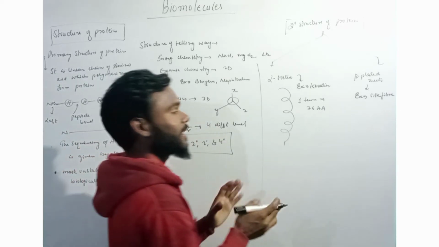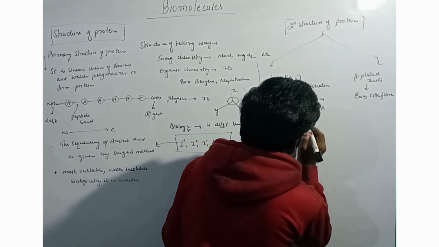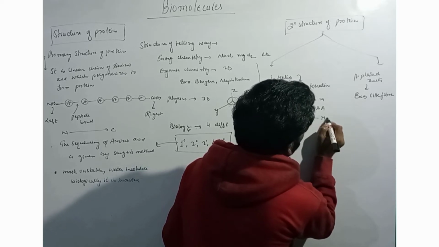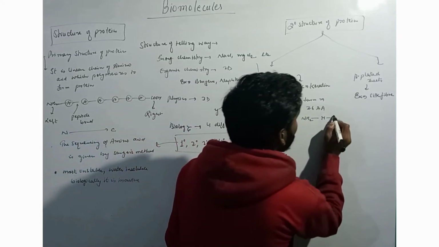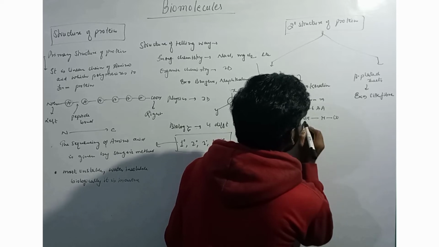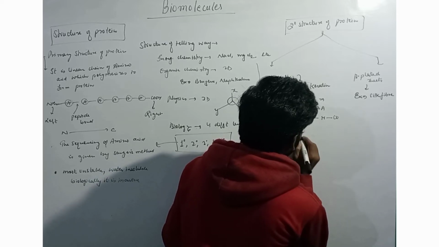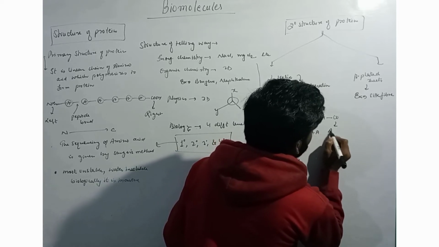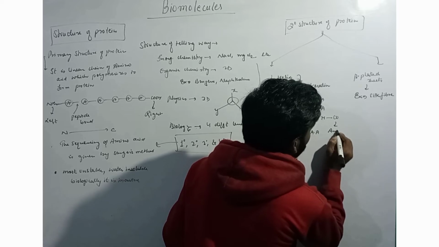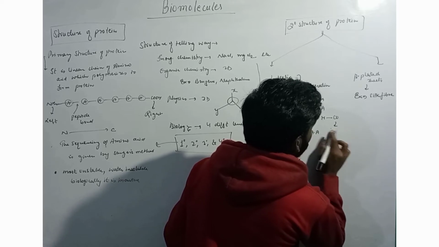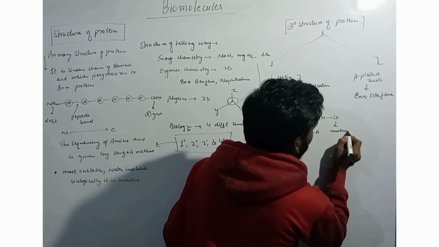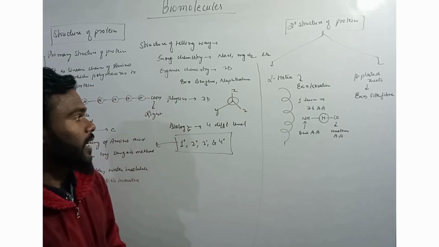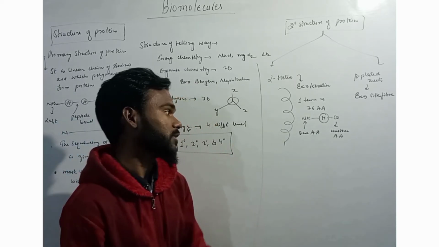The hydrogen bond takes place between the NH group of one amino acid and the CO group of another amino acid. Hydrogen bond takes place between one amino acid's NH group and the second amino acid's CO group.